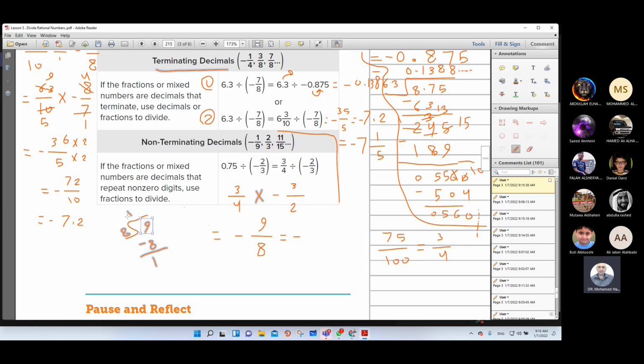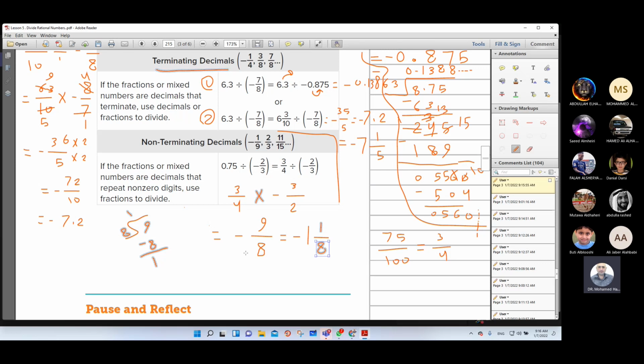So the quotient here means the whole number, the remainder means the numerator, and the divisor here means the denominator. So the answer as a mixed number will be negative 1 and 1 over 8.